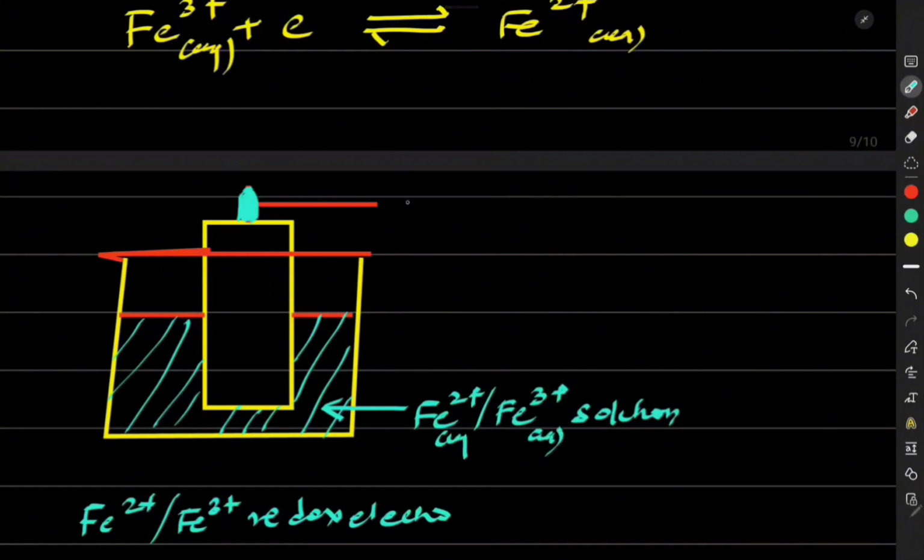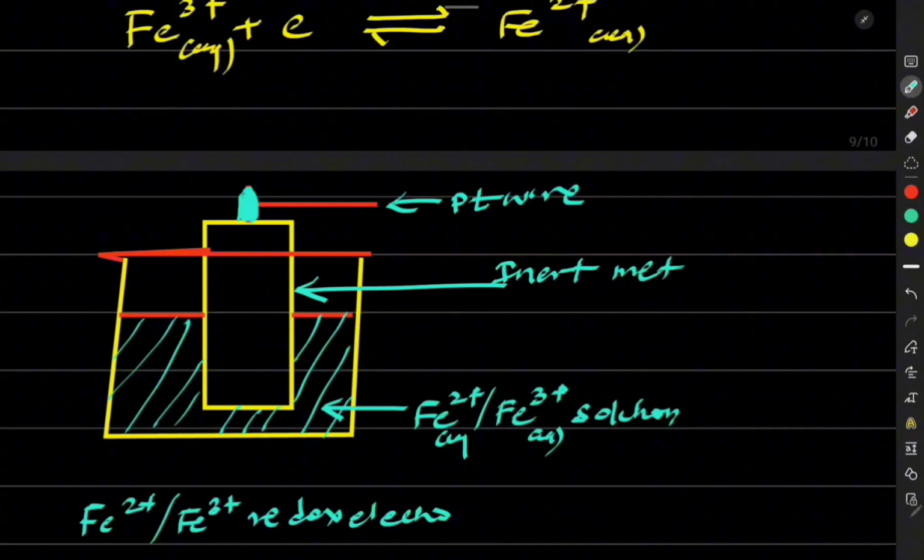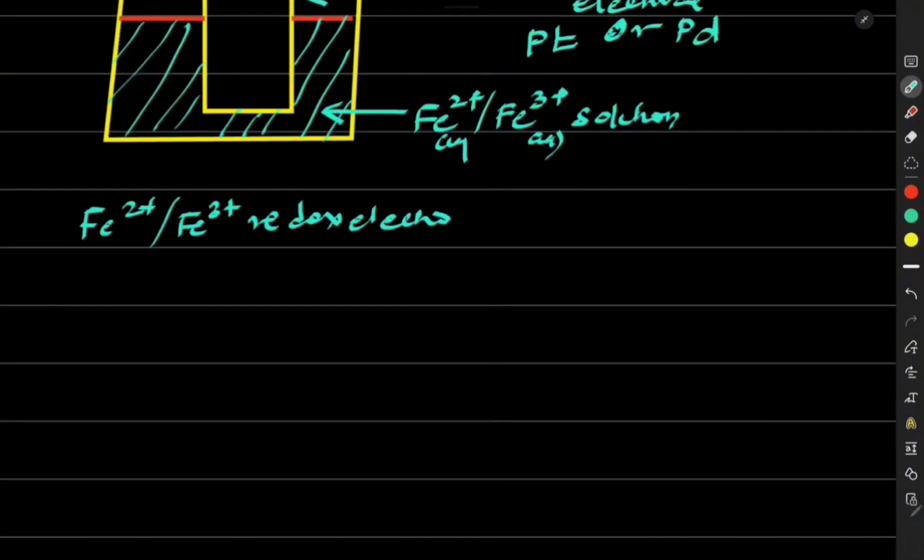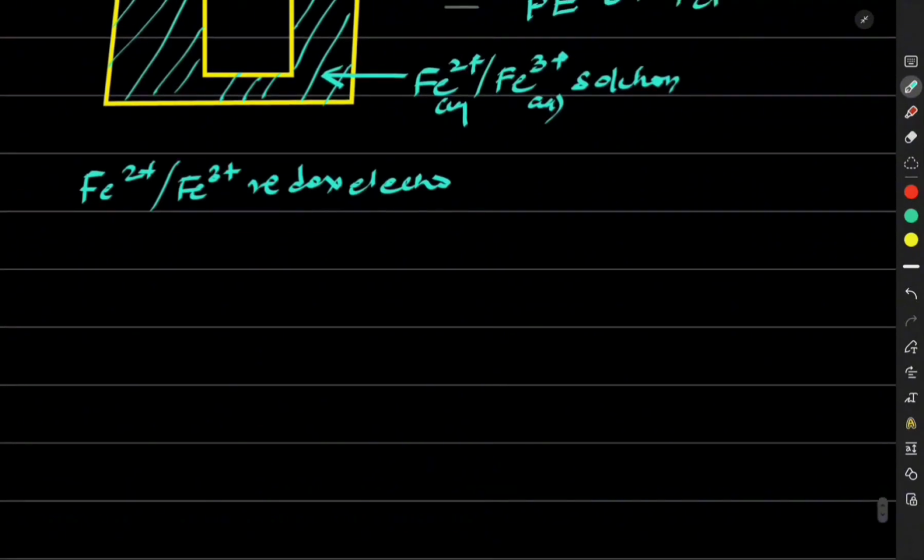Here, this one is a Pt wire, and this one is an inert metallic electrode, which is platinum or palladium. Okay, now let's write the notation.